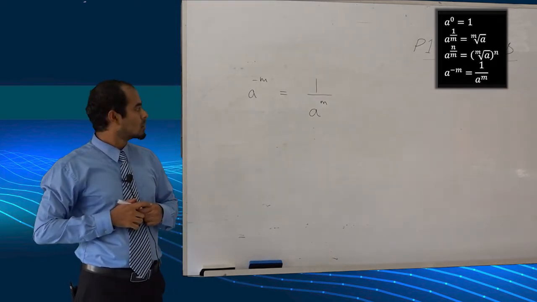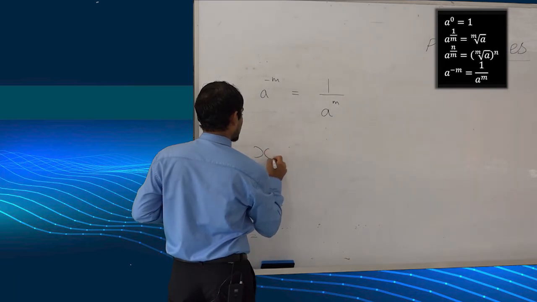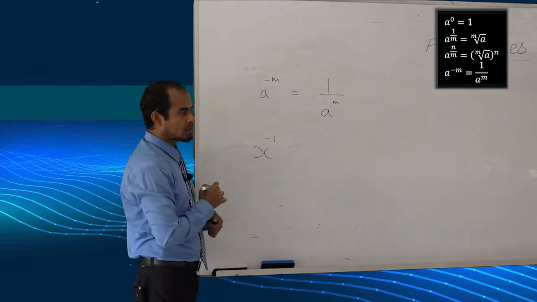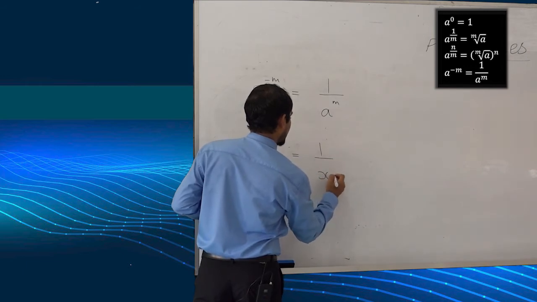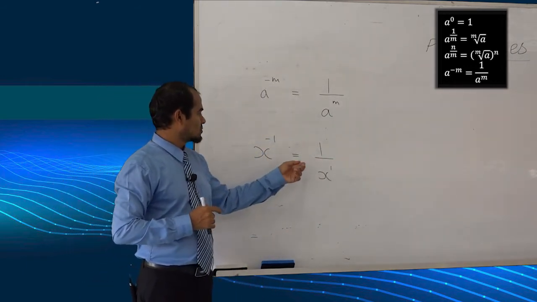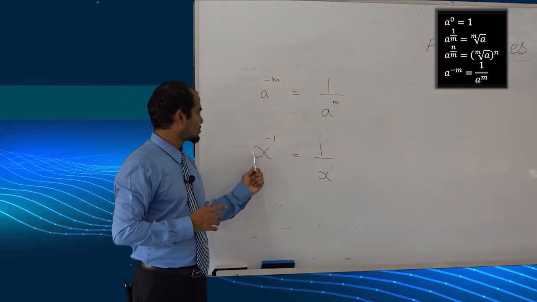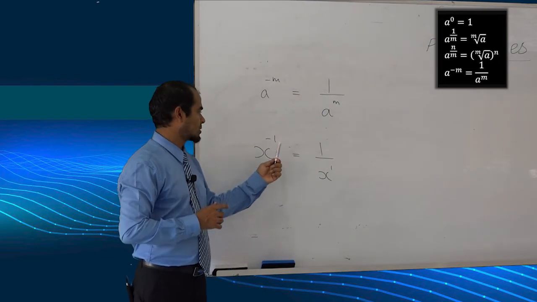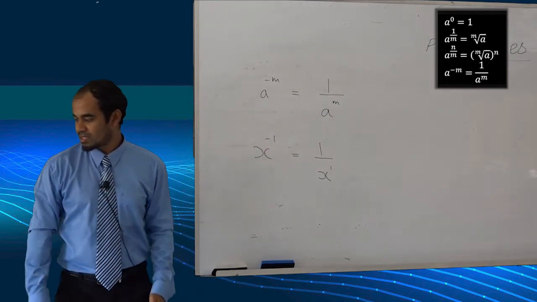Okay. So you saw some examples before also. When I was writing x to the power minus 1, you could write this as 1 over x to the power 1. So you have to divide that by 1 and keep that part as the denominator. Make it a positive power by writing the reciprocal.